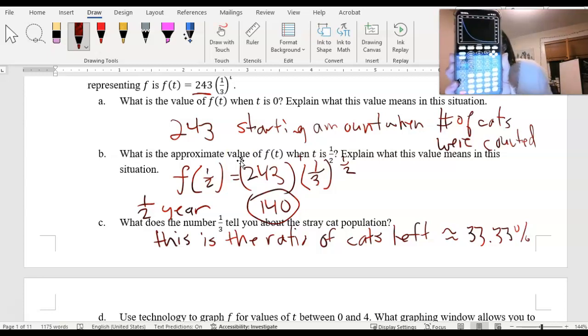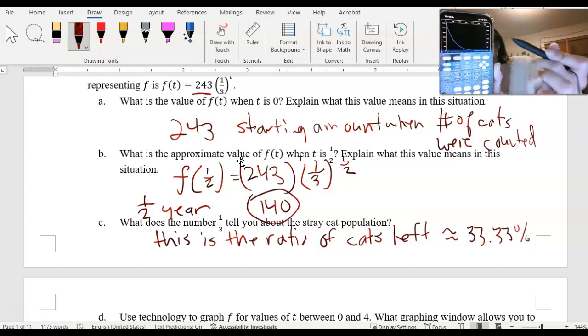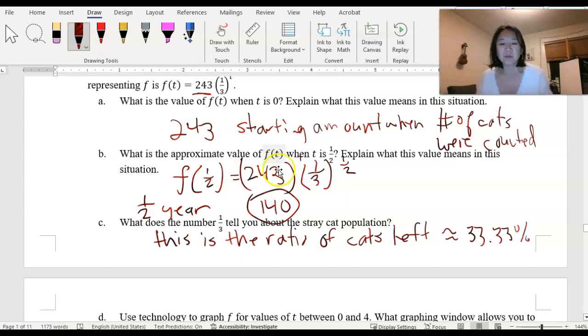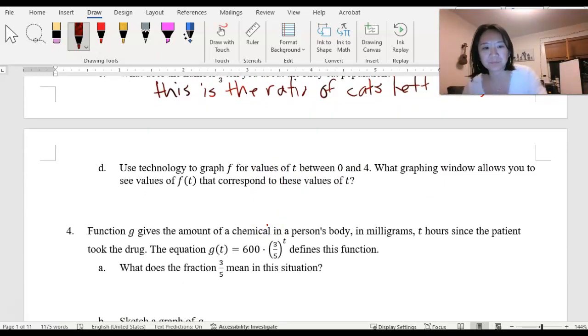And so when you do that, you can see the starting amount of the cats and how that is decreasing over time. And so you can draw a little sketch of this in which we have 0 to 5, right? 1, 2, 3, 4, 5. And then we're going up to, I have it at 250.